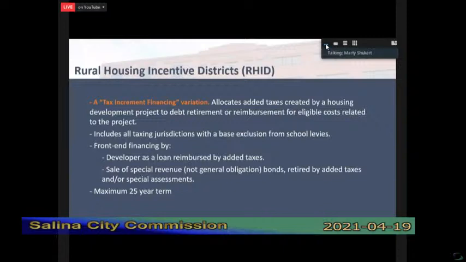But if the deal is big enough and beyond the capability, for example, of any one lender, you might sell special revenue bonds. They're not general obligation bonds. In other words, the city does not pledge its credit to pay them back, and they are then retired by added taxes, again, at the tax increment, or even by special assessments.